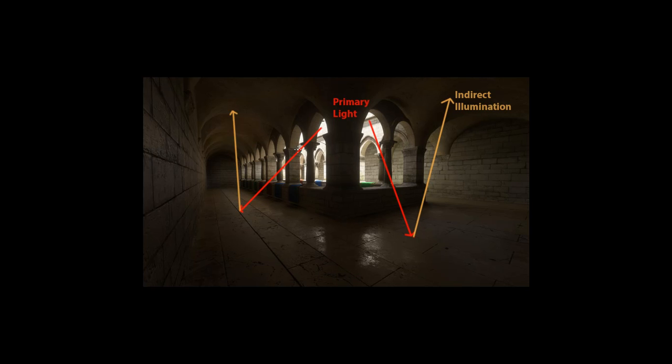Basically, if you observe this image, there is only one light source in this image, that is the sunlight which is coming through the top of this hallway, and as you can see that light rays may be falling on the floor, which is having a color, and when it bounces, it is creating the color bleed. When it is bouncing, it is getting that color and reflecting it on the nearby object.